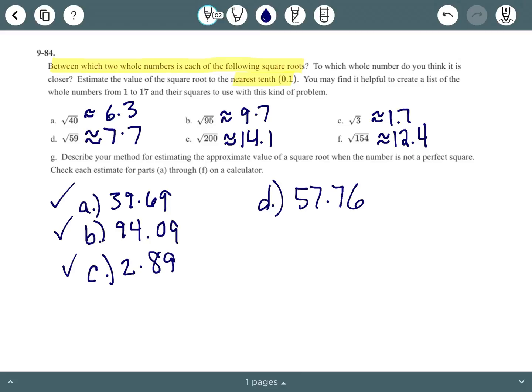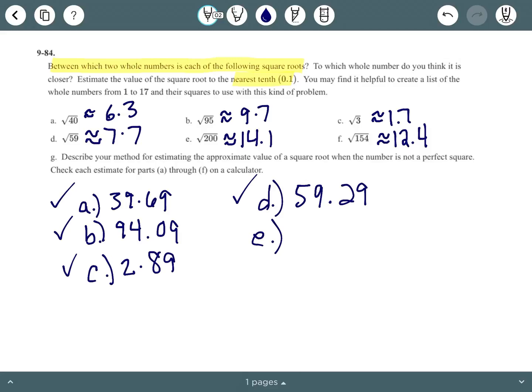So let's do 7.7 in the calculator squared. That gets us to 59.29, and that is closer. So an estimate of 7.7 is going to be the best choice for this problem. And again, it gave us 59.29.